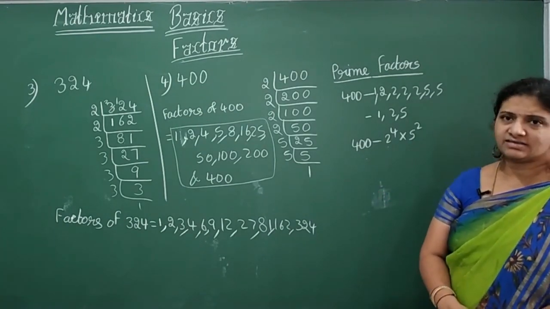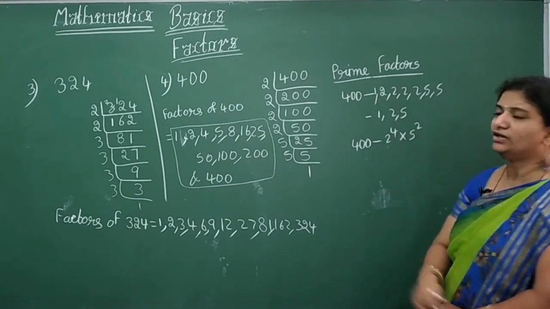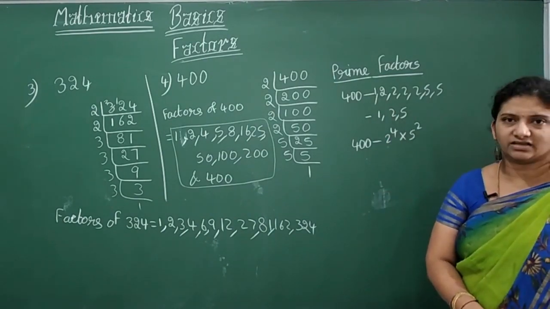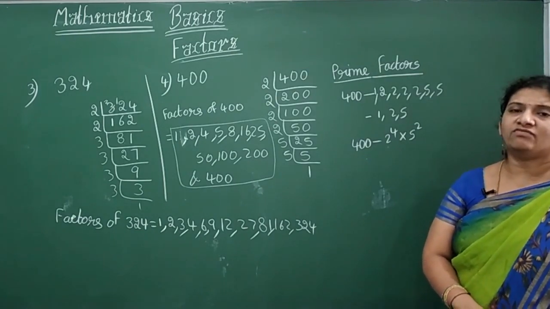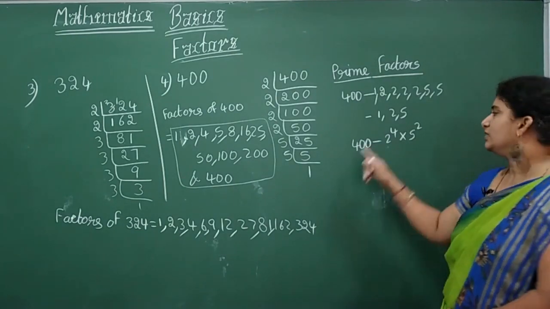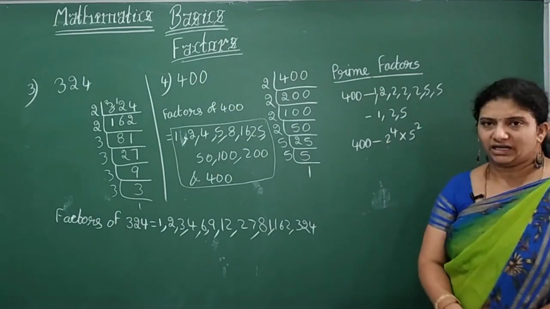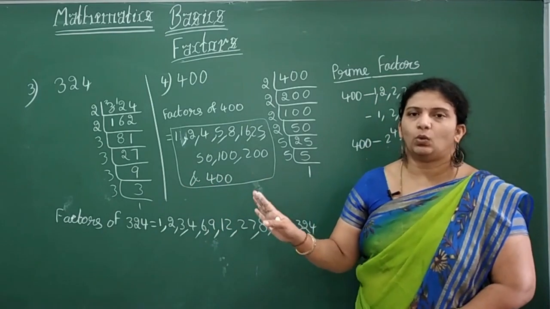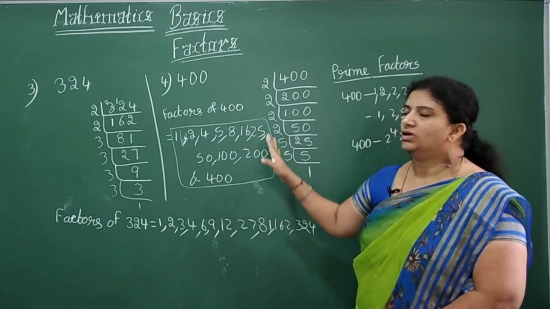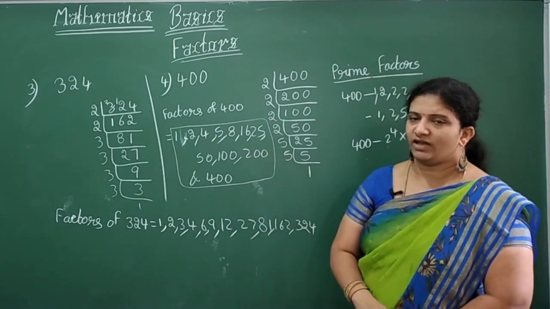Only as factors you can just say 1, 2 and 5 are the prime factors. Okay, if they ask to split the number in the form of prime factors, you have to write like this, as a product. See here children, in these types of examples we have learnt how to write the factors of a number.